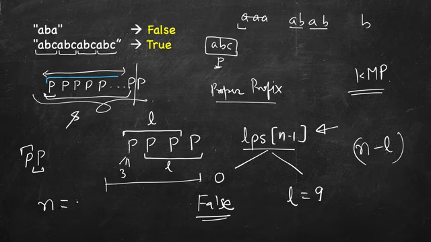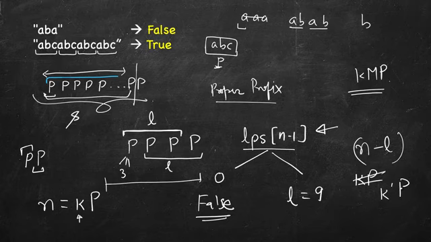So n is some multiple of P. This is the definition of this string: it's formed by repeating P multiple times, and K denotes how many times. So n is Kp. And L will be some smaller K'p. It's also some repetition of the same pattern. So if you subtract these two, you will get another multiple of P, K' P, let's say, or in this case, (K minus 1) P. So this is n minus L.